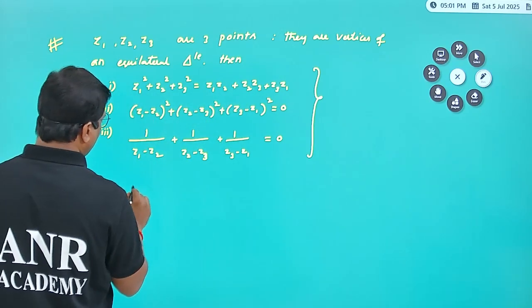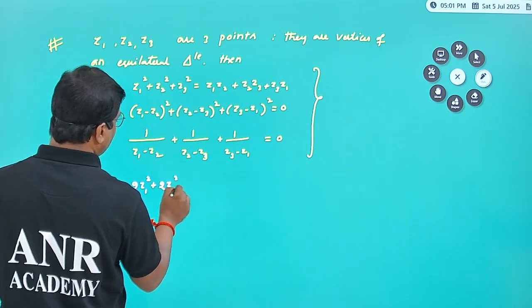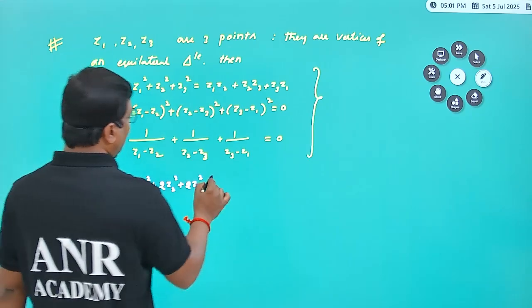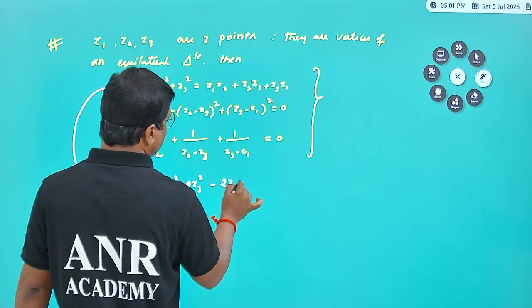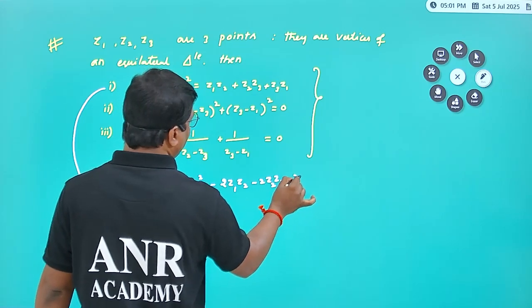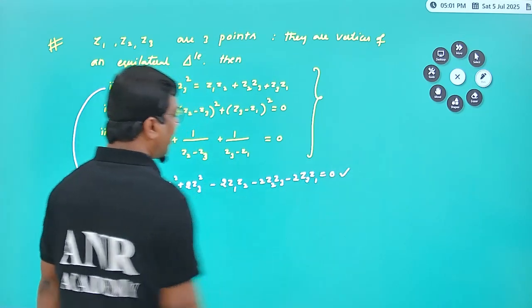What we get? 2 times of z1 square plus 2 times of z2 square plus 2 times of z3 square minus 2 times of z1 z2 minus 2 times of z2 z3 minus 2 times of z3 z1 equal to 0 we can write.